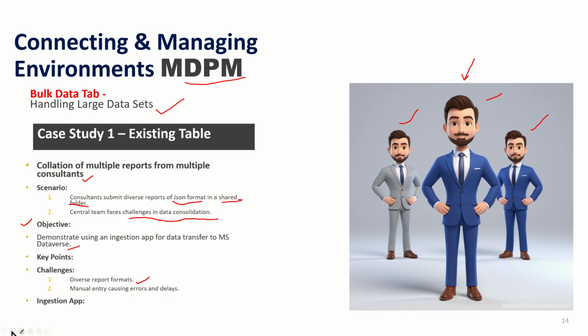Instead of manual entry, we're going to collate it together and ingest it super fast instead of having one after the other manual ingestion. So this is going to help to simplify data collection. That's one benefit, and it's also going to automate the process of collating your data together, which brings accuracy.